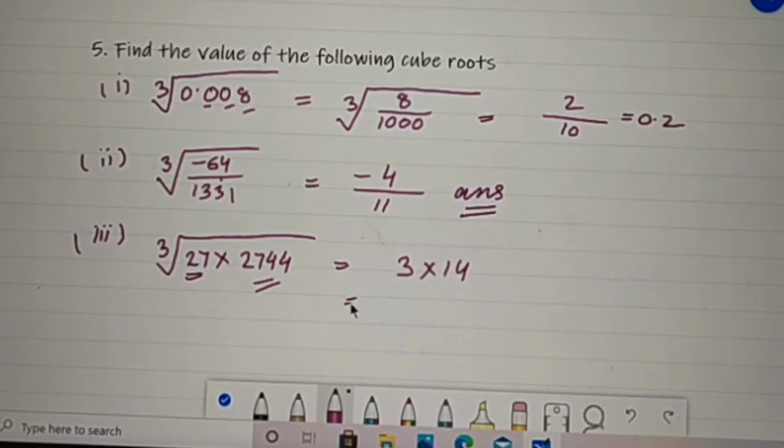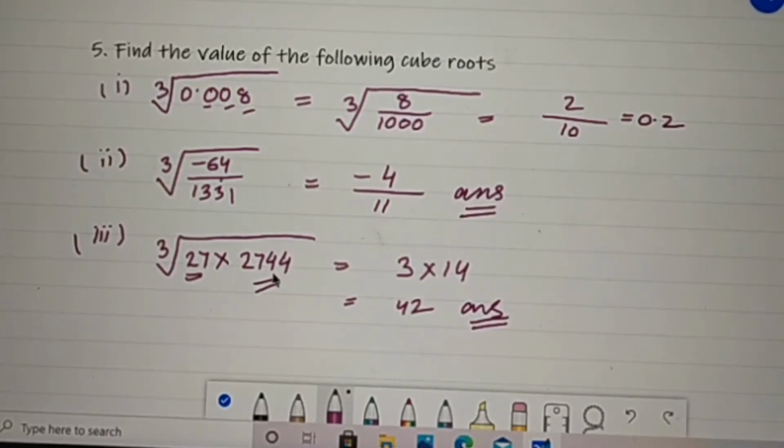Now 3 times 14 is 42, which is its answer. You can either take its prime factorization and find the cube root, or I have done it directly, as I know 14 cube is 2744, or you can do it by prime factorization of 27 or 2744 and find out its cube root.